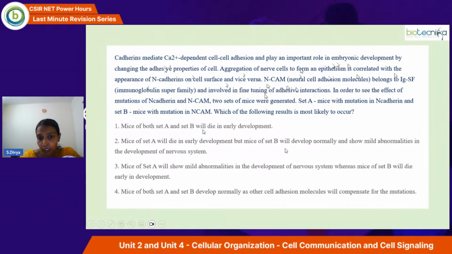NCAM is involved in adhesive interactions. So you have to study the mutations of these two proteins. Two sets of mice were generated: set A with mutation in N-cadherin and set B with mutation in NCAM. So what will be the ultimatum? In this, the answer should be option 2.